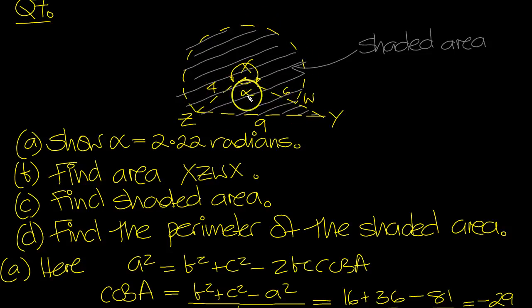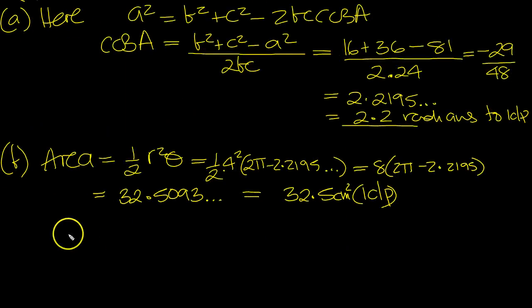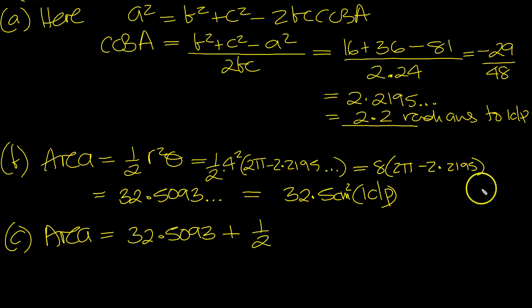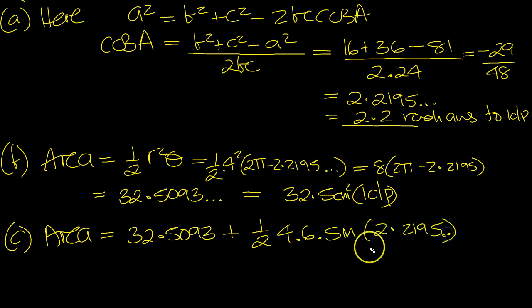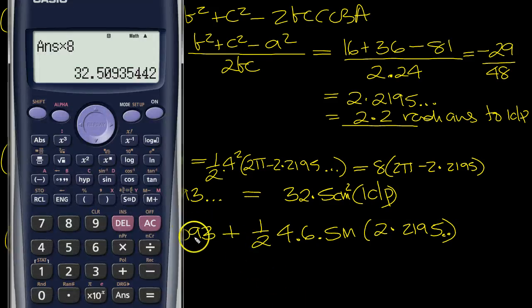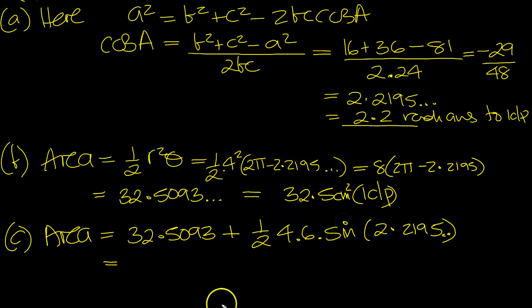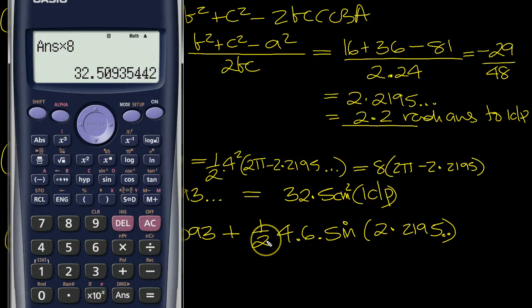We need half BC sine A, half BC sine alpha, is the area. So area will equal 32.5093, the area from before, plus half BC sine A, so 4 times 6 times sine of the angle 2.2195. 4 sixes is 24 over 2 is 12, so plus 12 times the sine of 2.2195.